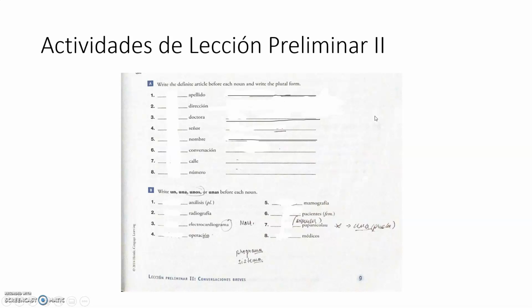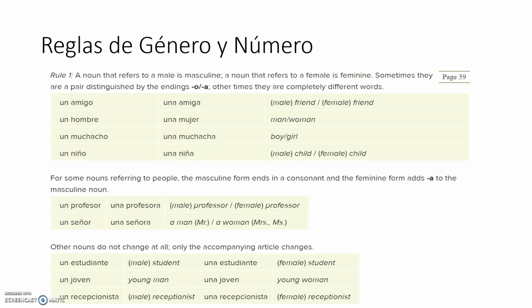But basically, what we want you guys to practice in this is understanding gender and number. So we have definite articles, and here these are the indefinite articles. And that helps us understand a little bit about gender and number of nouns in Spanish. So I have given you guys some rules here so that you can understand more or less gender and number.